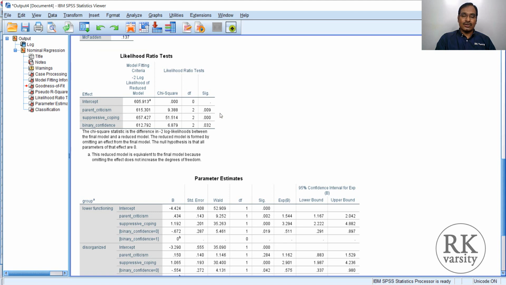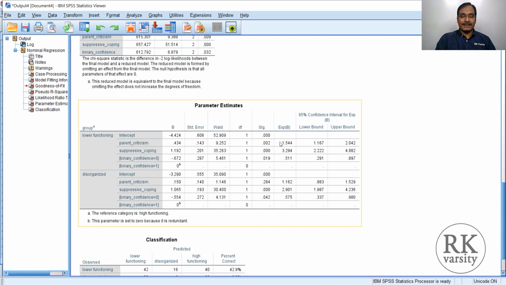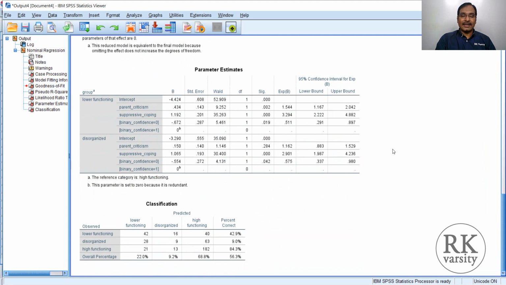So this is also statistically significant. If you remove suppressive coping, then your log likelihood is 657, chi-square value is also high, and the significance value is 0.00. So if you remove suppressive coping from the model, your likelihood and chi-square values are increasing.